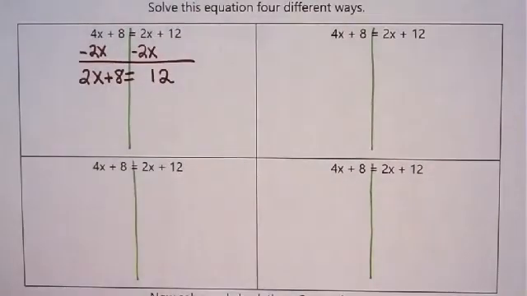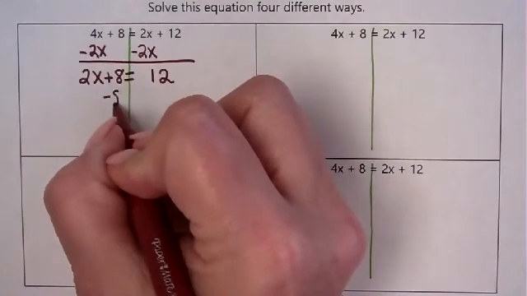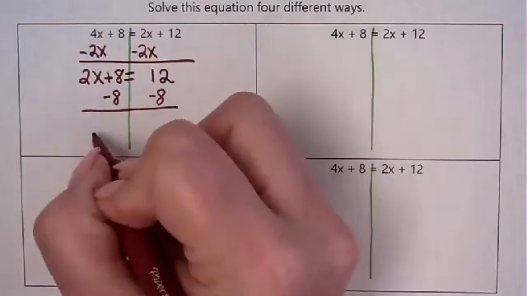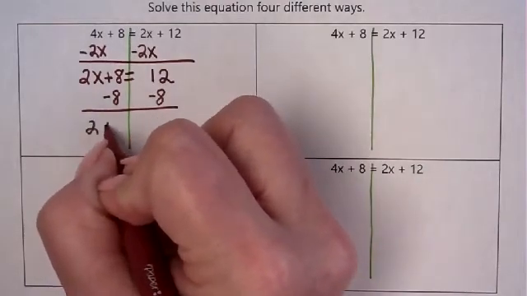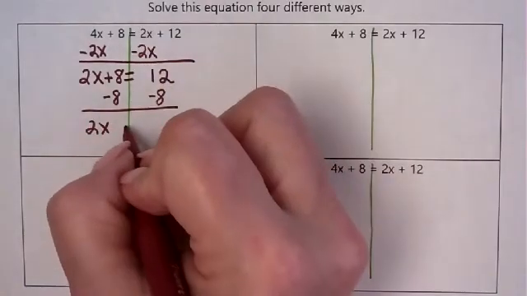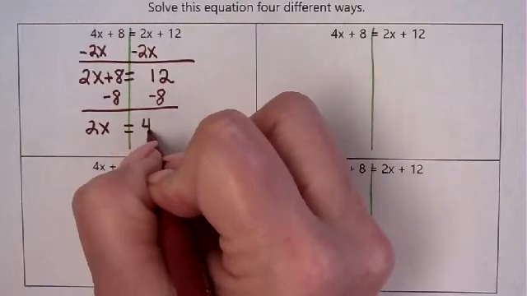Now, when I get to this point right here, I'm at those same last 2 steps that we do almost every single time. So we know that we have to subtract the 8 from both sides. Okay, so I'm going to bring down my 2x. My 8's are going to cancel each other out, equal to 12 minus 8, which is 4.